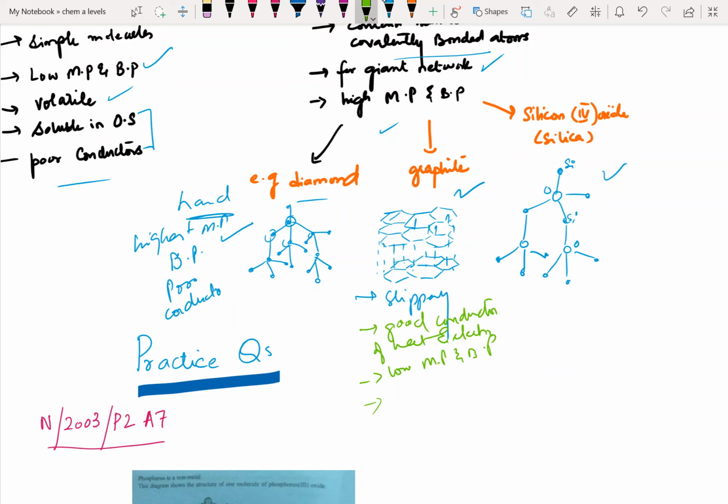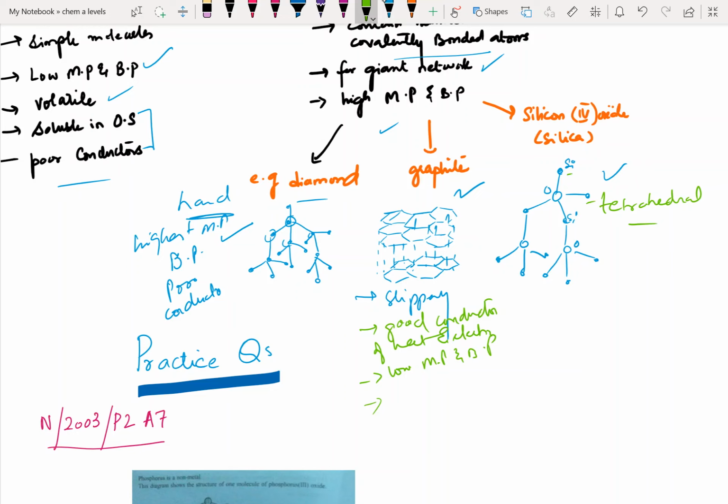Silicon oxide, commonly known as silica, also has a tetrahedral structure in which four oxygens are bonded to each silicon.